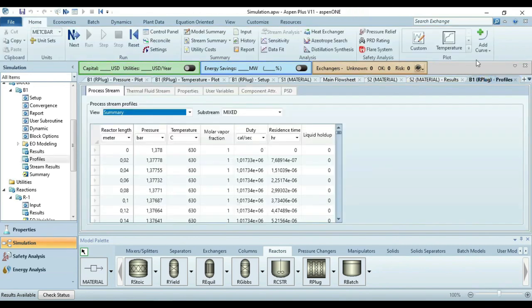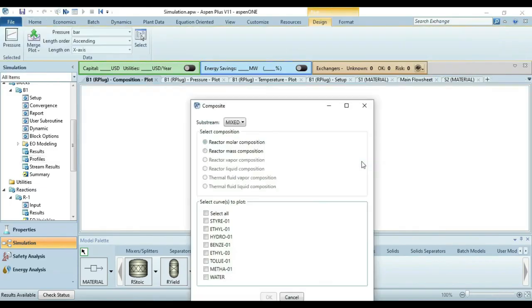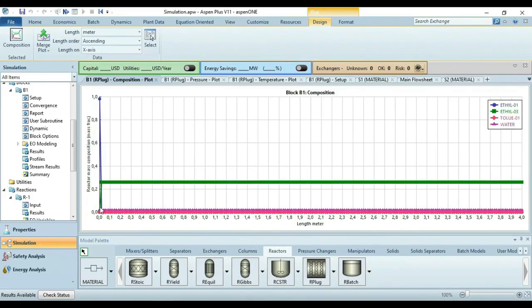This is another profile that we can see here. And as in our profiles, we can add a composition, for example. When we do that, we can select only our reactants and some of our products, and define what we want to see in mass composition. I select here the benzene, toluene, water, and some of them. And we can see that this reaction stops after just a short length of the reactor.